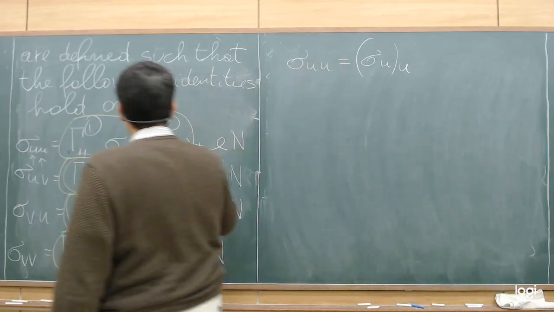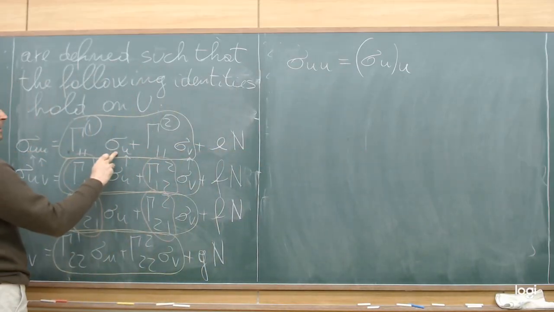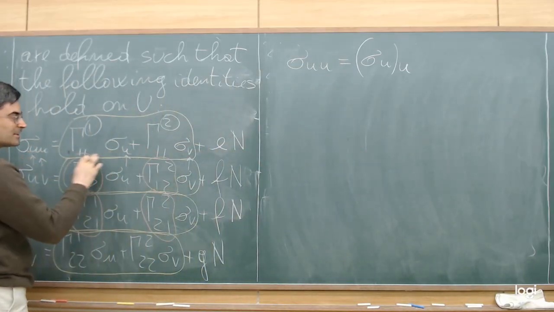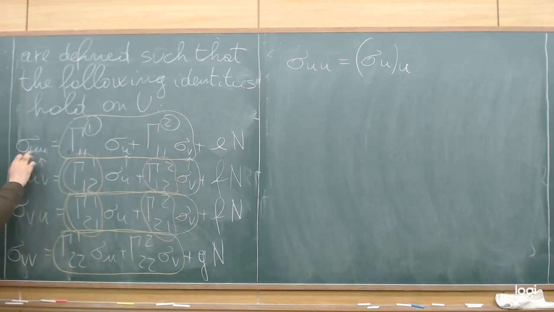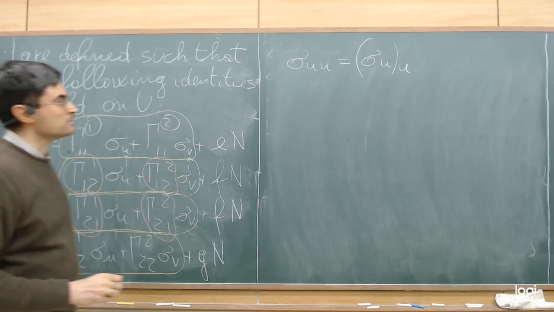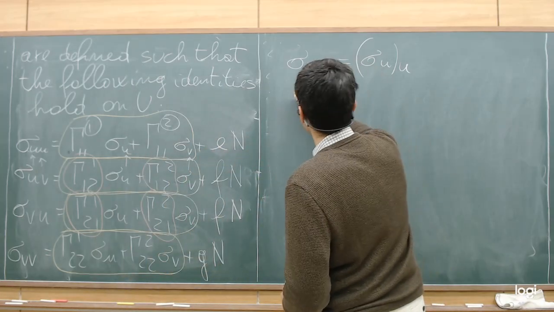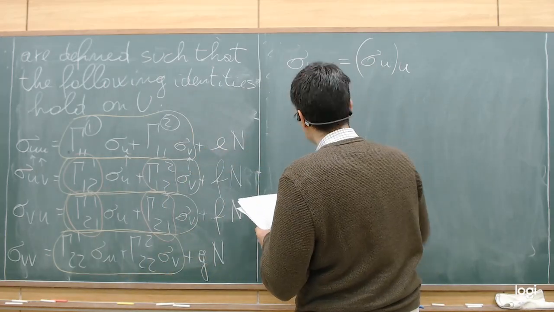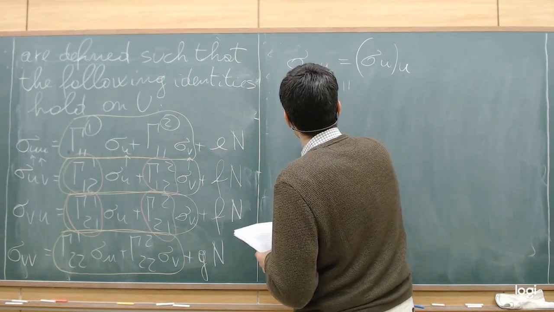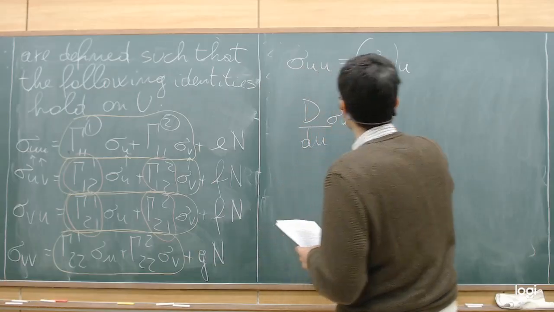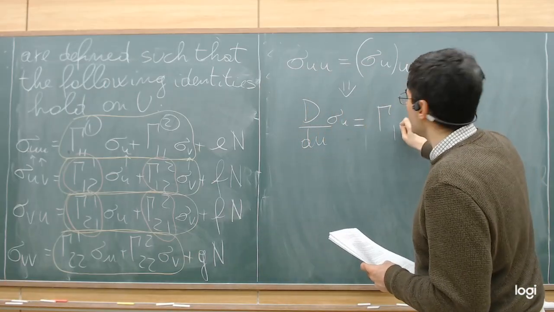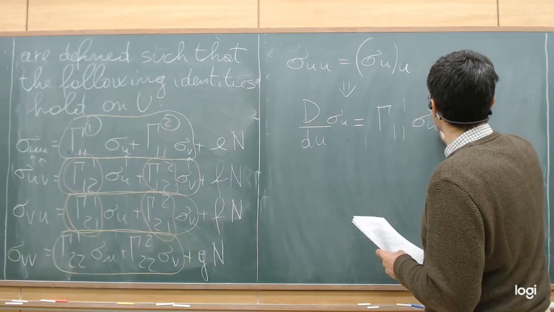Now, since this is a linear combination of sigma u and sigma v, this is exactly the projection on the tangent space of sigma u. So this coincides with d u sigma u, and I can write this formula.